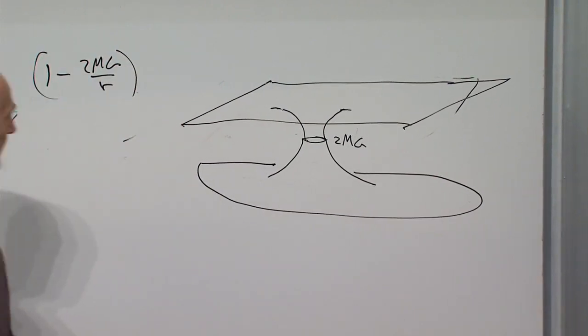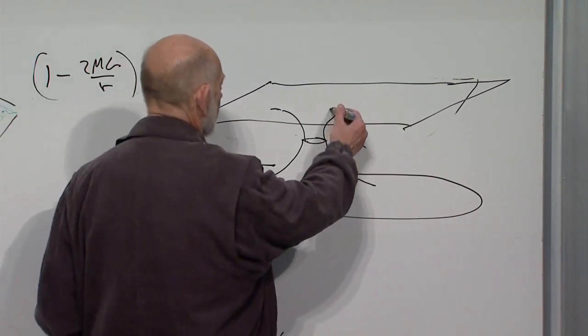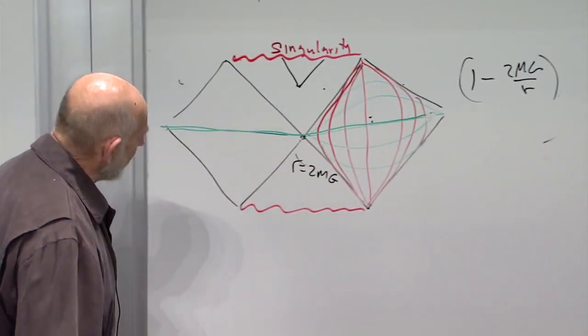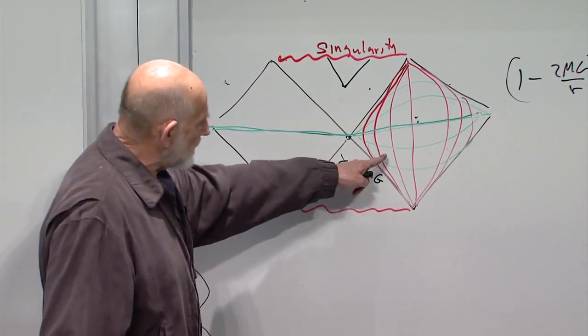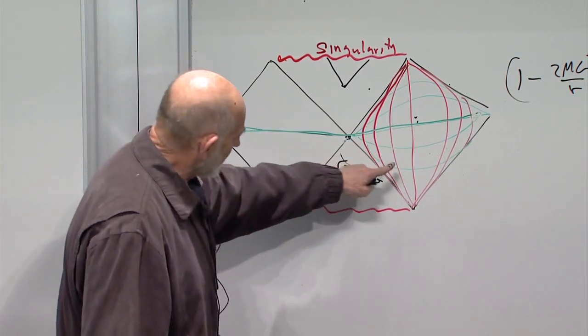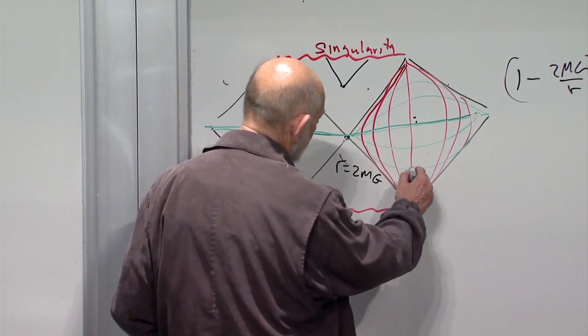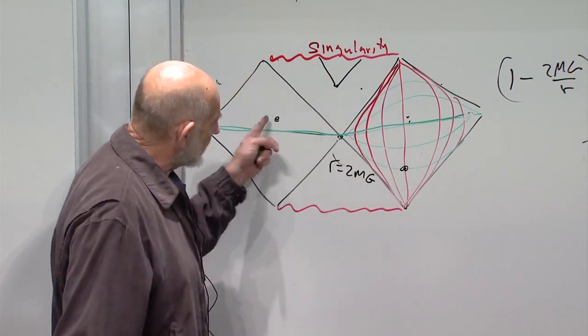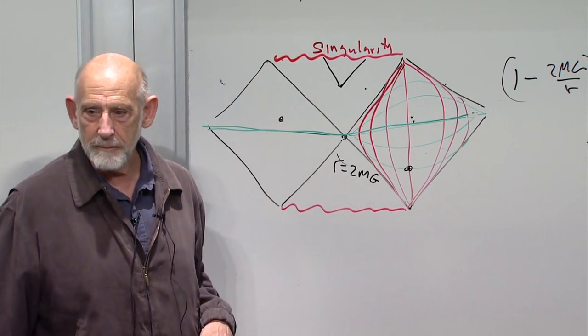You might think you could pass through, going from here to here. You can't. Let's think about somebody who wants to start on this side and wants to pass to this side. If they start out anywhere on this side, and they want to pass to this side, their trajectory has to exceed the speed of light.